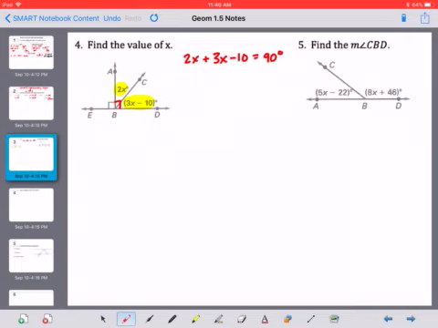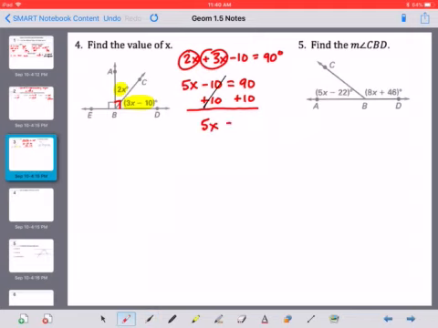Let's combine some like terms. 2x plus 3x is 5x minus 10 equals 90. We'll continue by adding 10 to both sides. These cancel. We end up with 5x equals 100. So lastly, if we divide by 5, 100 divided by 5 gives us 20. So x equals 20.